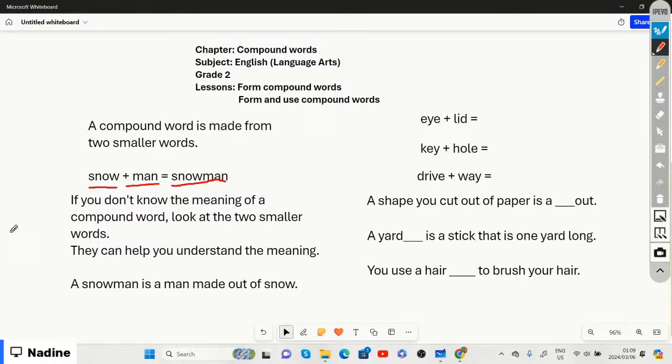All right. So with snowman, as with our compound words, a compound word is made up of two smaller words. Once we put those two smaller words together, we get the word. If you do not know the meaning of the word, you can break it down again and try to figure out what the two small words are individually.